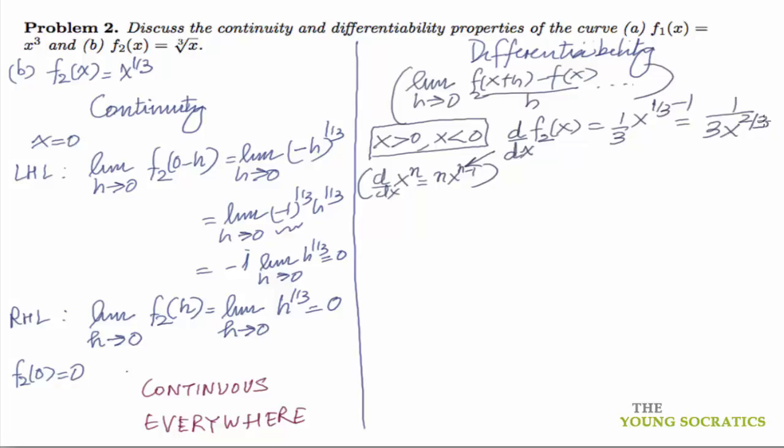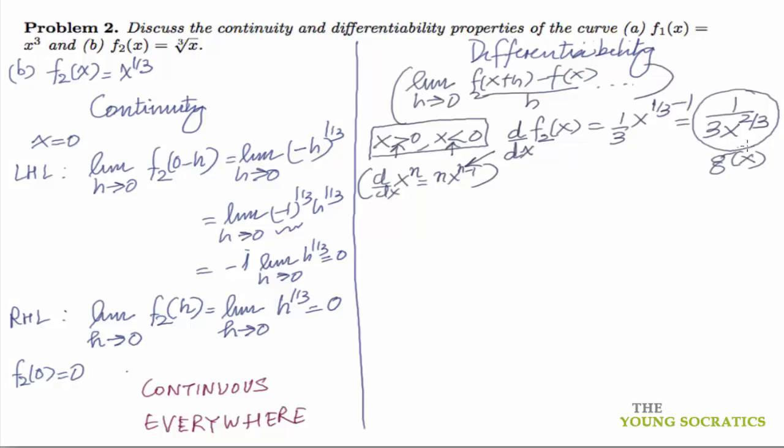So for the function f2(x) to be differentiable at a point in x bigger than 0 or x less than 0, it is sufficient to show that this derivative function is continuous at those points. And this function, call it say g(x), is nice enough for x greater than 0 and x less than 0.